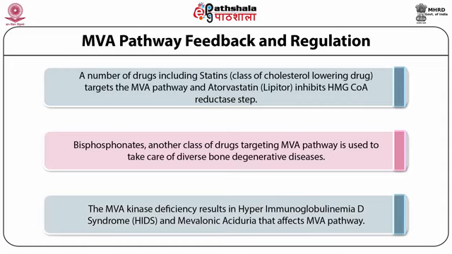The mevalonate kinase deficiency results in hyperimmunoglobulinemia D syndrome, abbreviatedly known as HIDS, and mevalonic aciduria that affects the mevalonate pathway.